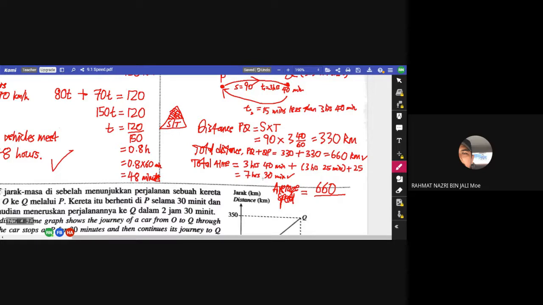We convert it to hours, so we get 7.5. 660 divided by 7.5, we have 88 kilometer per hour. That's the final one, average speed. So we have the answer 88.